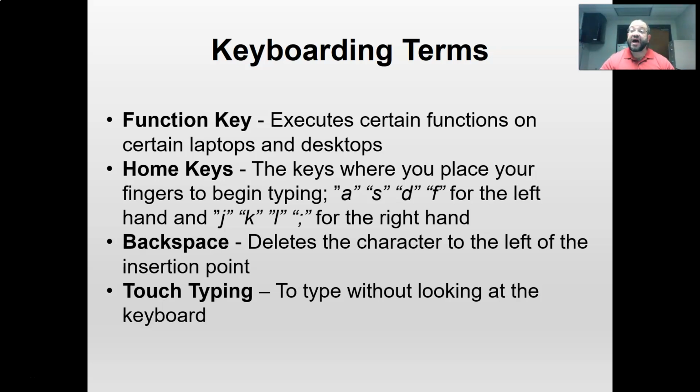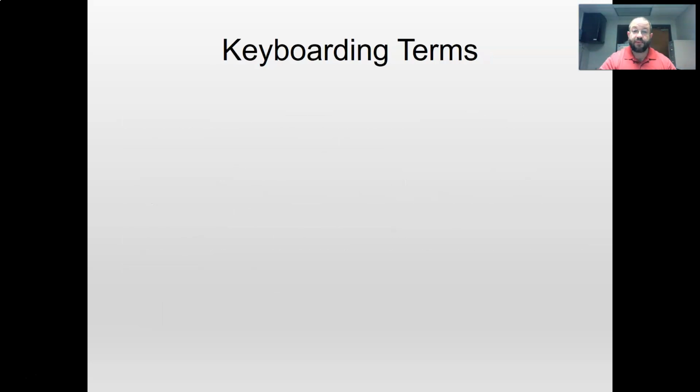So just by feeling that with your fingers, you can tell you're on the home row. Then you can start working on coming back to the home row after every keystroke. That is what really helps develop touch typing skills: always coming back to the home row after each individual keystroke. Of course, there's the backspace, and touch typing, the ability to type without looking at the keyboard. Pretty simple there.